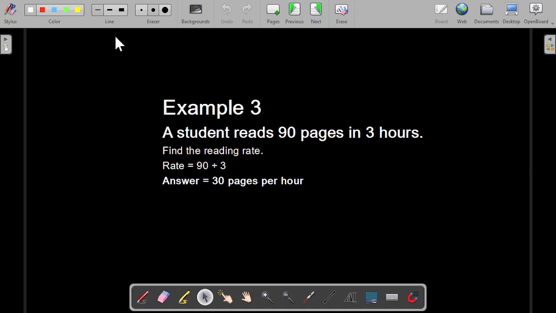So the rate, as I said, tends to answer what we do per time. Whether it is directly correct or not is not of the rate. It will tend to answer that question, approximately. So the student read 30 pages per hour.